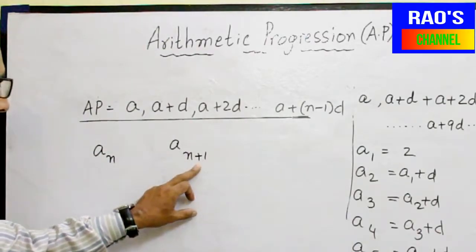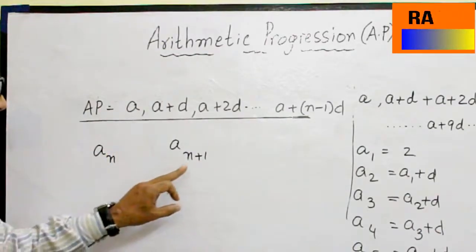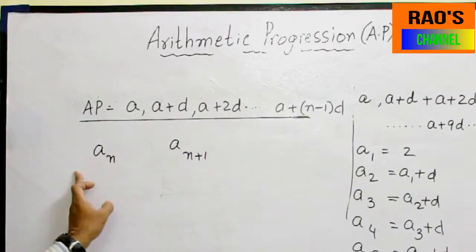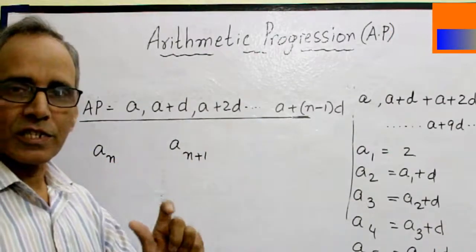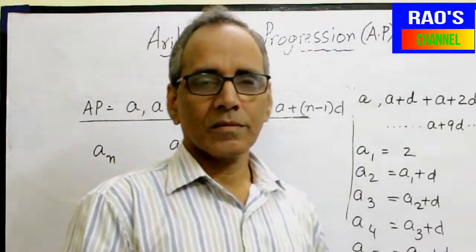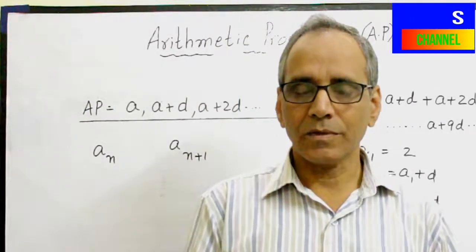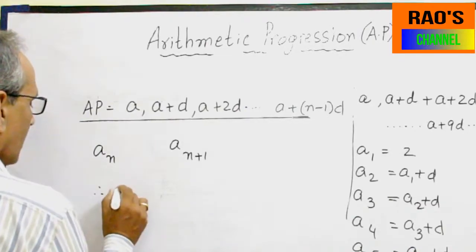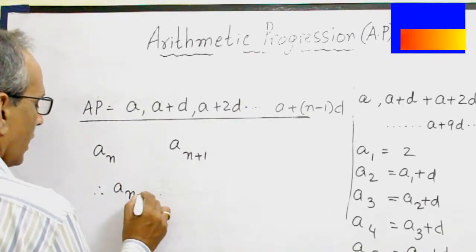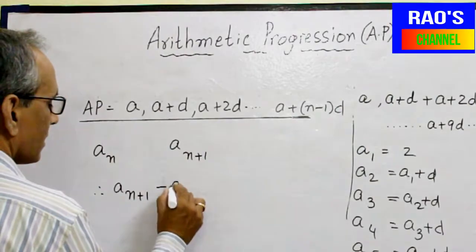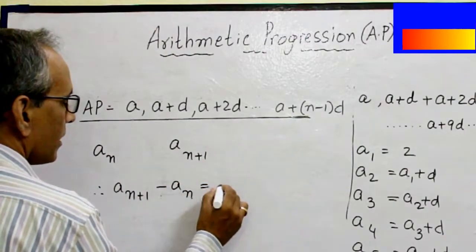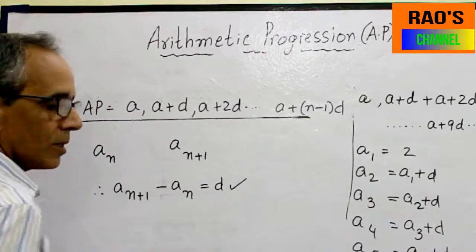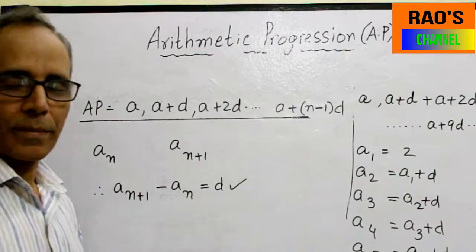It is the successive term of the nth term. If the difference of these two is a constant independent of n, we say the series is AP. So I say a(n plus 1) minus an is D. If so, the series is AP.